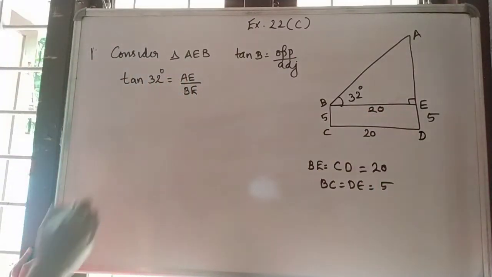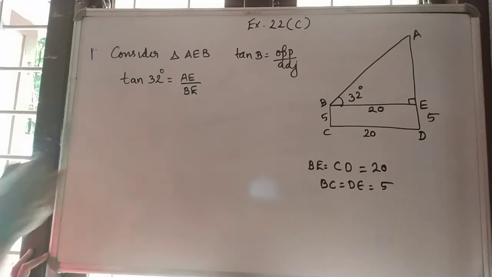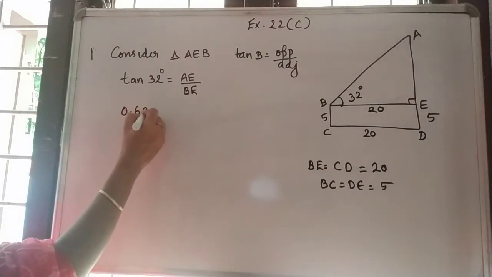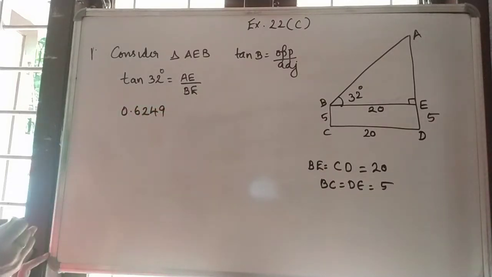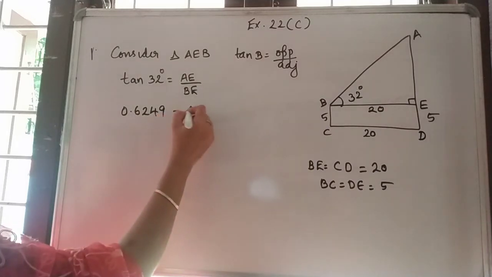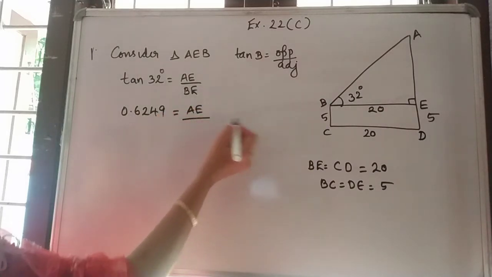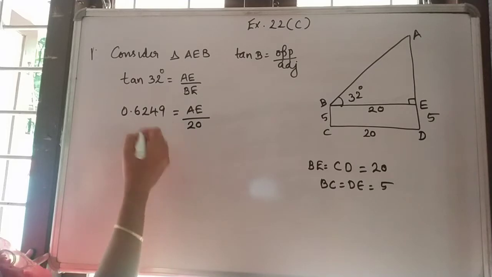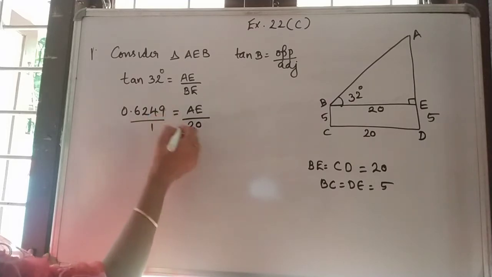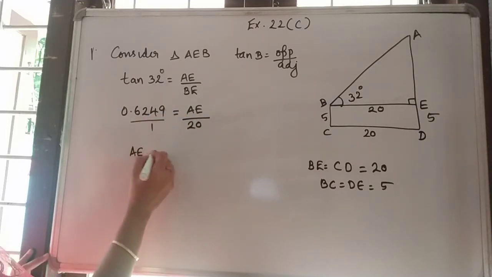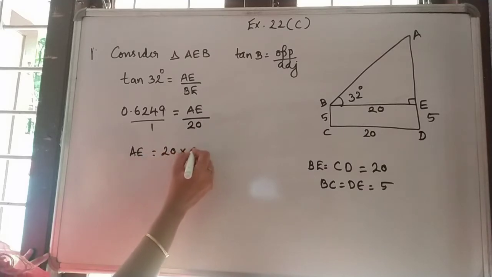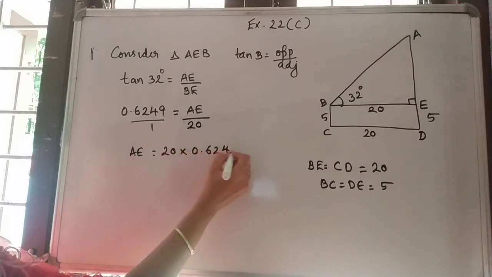So tan 32 value from the table, we will get as 0.6249. 0.6249 is equal to AE divided by BE, 20. If we cross multiply, AE is equal to 20 into 0.6249.